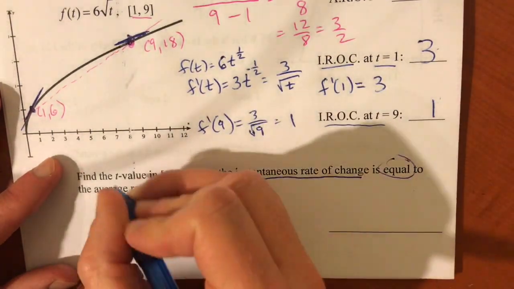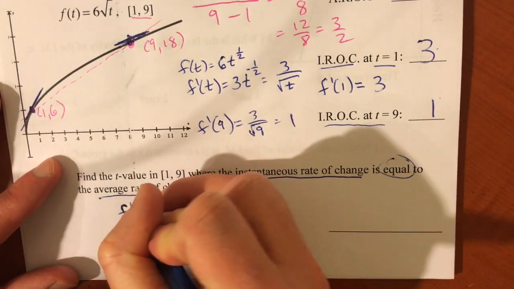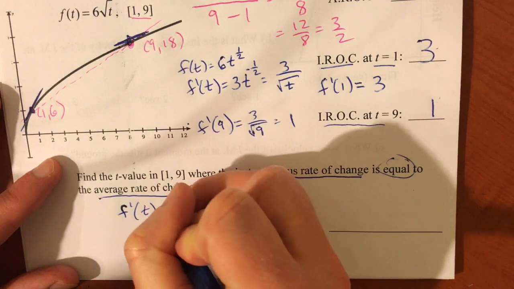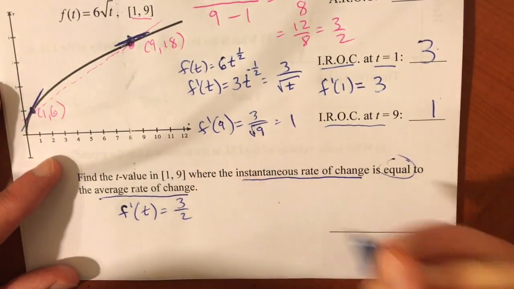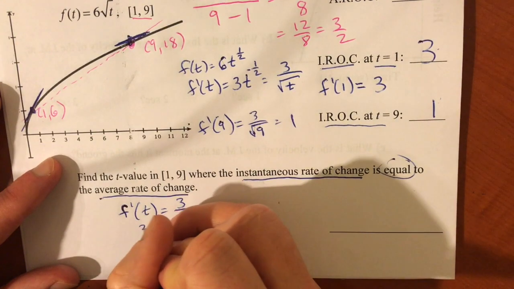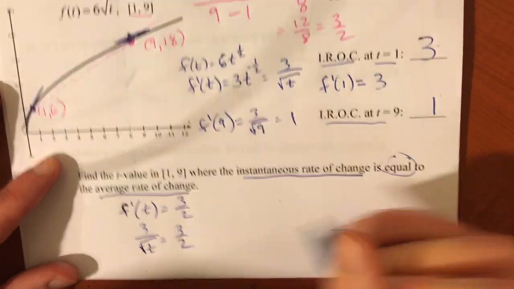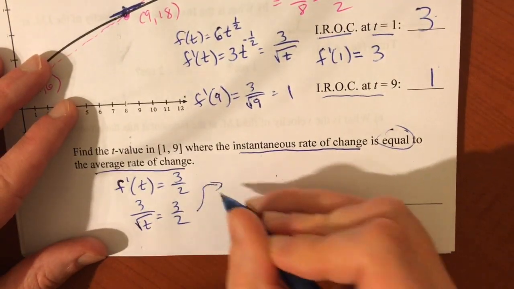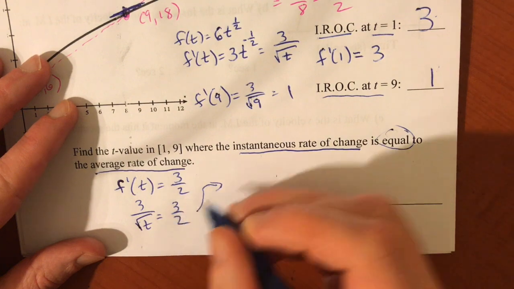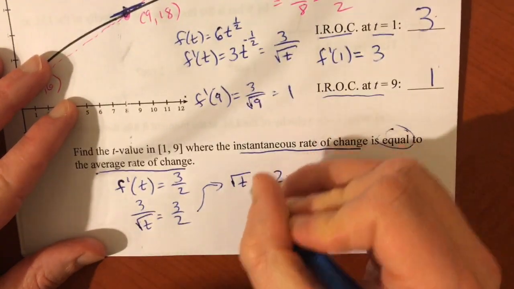Is it halfway between? I don't know. But to do this, we take our instantaneous rate of change, which is f prime of t, and set it equal to that average rate of change, which is 3 over 2. I'm just saying, well, where is that derivative 3 over root t equal to 3/2? It's a nice equation to solve, because you're really asking, where does root t equal 2?